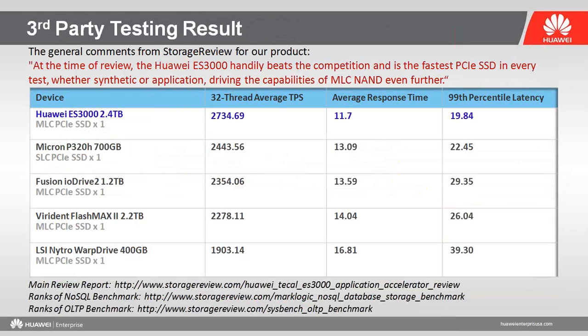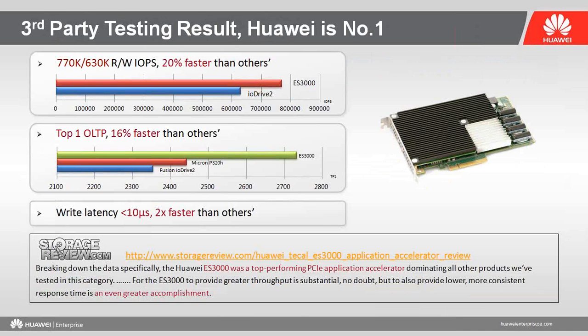We had a lower average response time, a lower latency, and lower times for the thread average of the processing it was doing. When we compared, we had 20% faster IOPS, 16% faster online transaction processing, and our write latency was 2 times the speed of others.